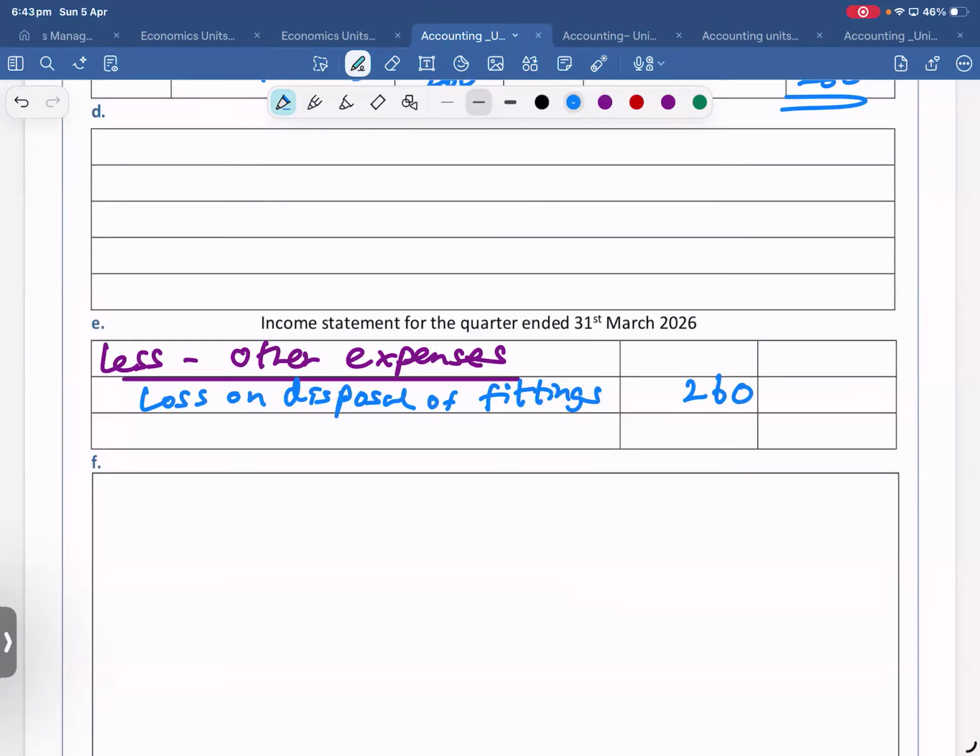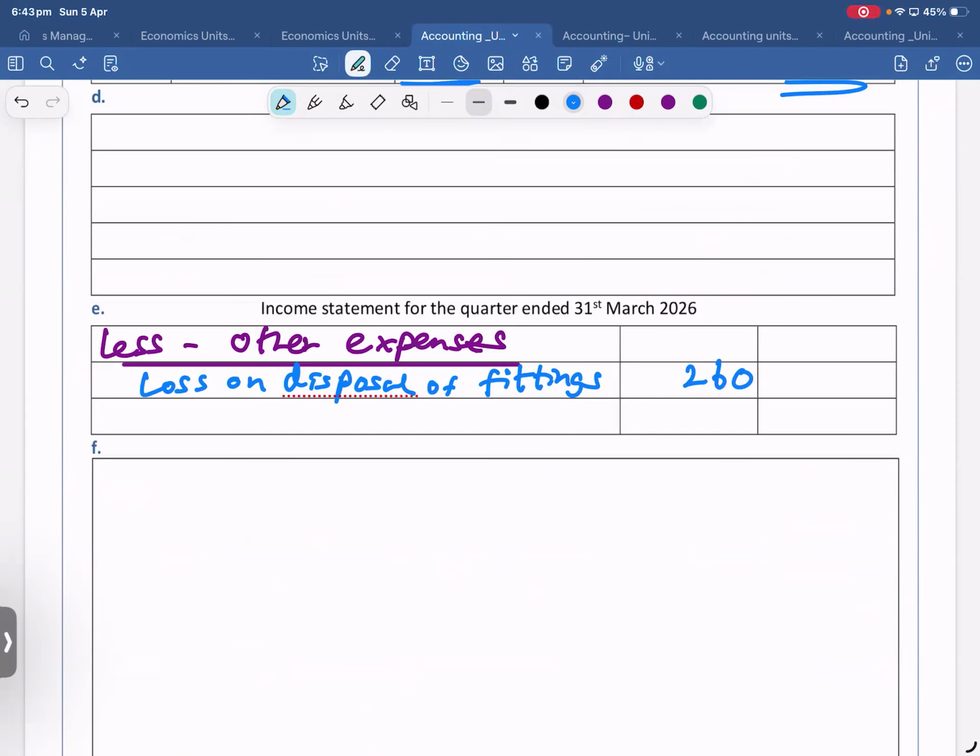They are asking only the profit or loss. Otherwise, what else could we have reported here? Depreciation, yes. Depreciation expense.